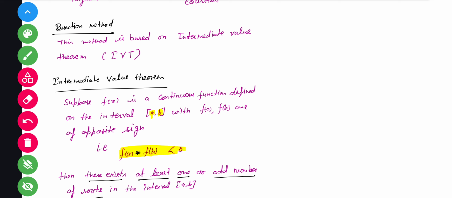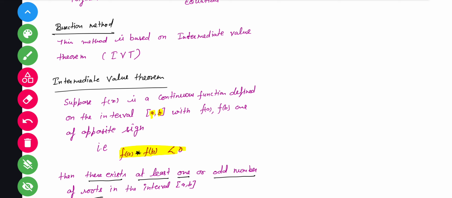First of all, let's read this out. Suppose f(x) is a continuous function defined on the interval [a, b], a fixed closed interval, with f(a) and f(b) of opposite sign, that is, f(a) times f(b) should be less than 0. So this is the condition.